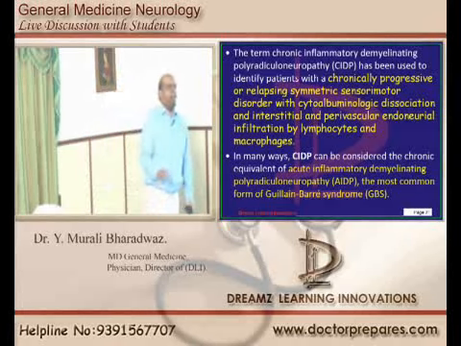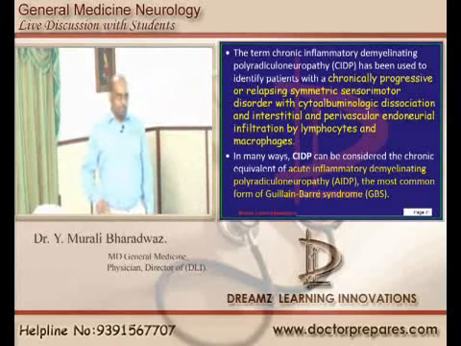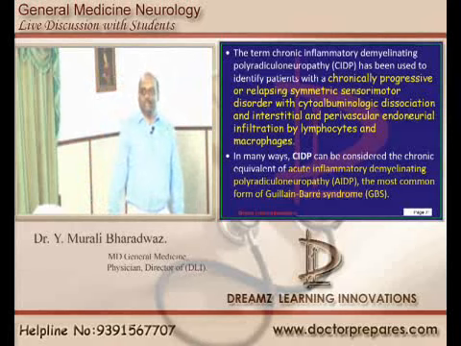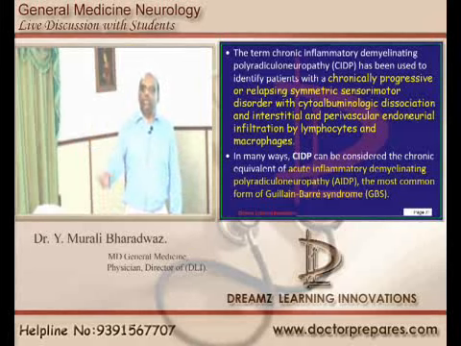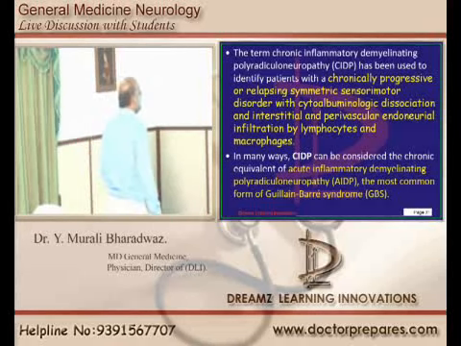And there is an albuminocytological dissociation. What does that mean? For this much rise of the albumin, you expect this much rise of the cells. But if that doesn't happen, albumin is high but cells are low, you consider albuminocytological dissociation.